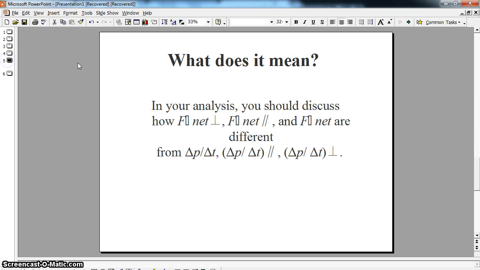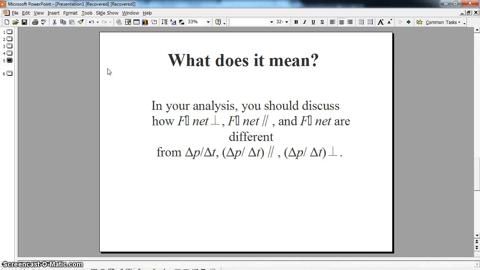So, what does it mean? How are F net perpendicular and F net parallel different from delta P over delta T parallel and delta P over delta T perpendicular?